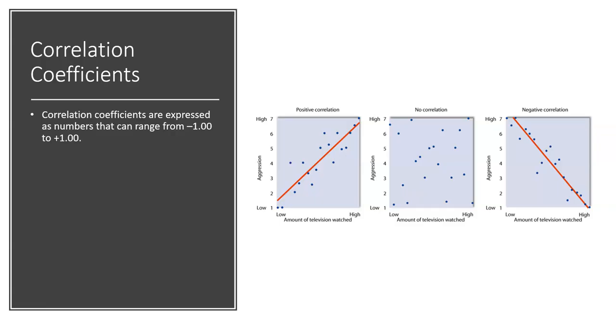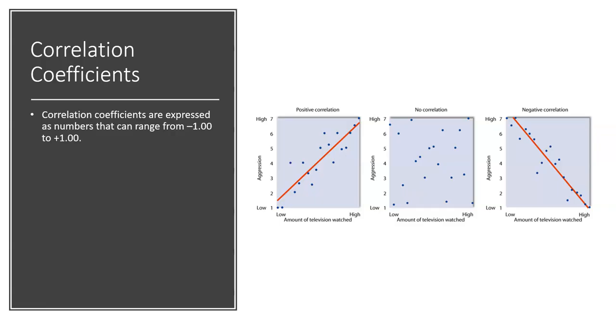The math of it, the correlation coefficient, is represented by the lowercase letter r. The value runs from plus or minus 1 to 0. So a correlation can go from -1 to +1. The plus and minus signs refer to the direction of the relationship.